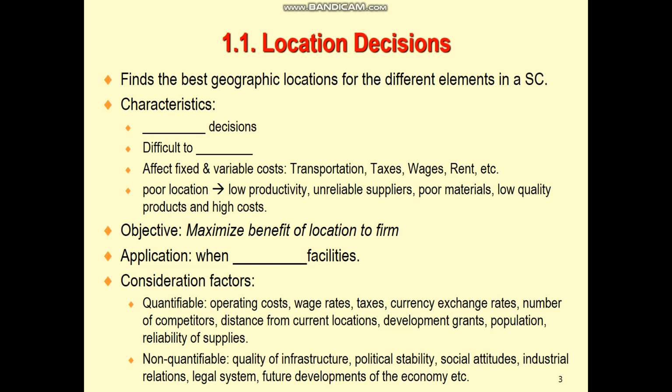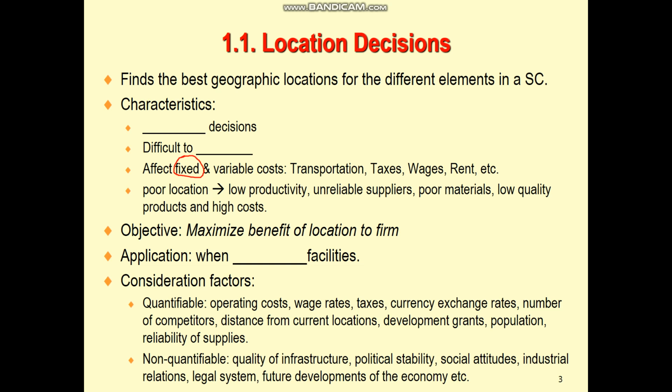And the location decision also affects the fixed and variable cost. So what is fixed cost and what is variable cost? Fixed cost is the cost that doesn't change. It's fixed, right? So it doesn't change in a period of time.